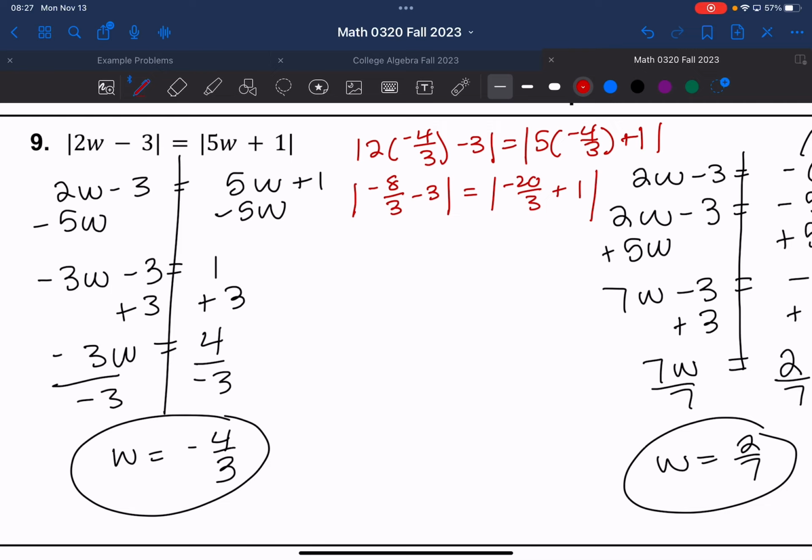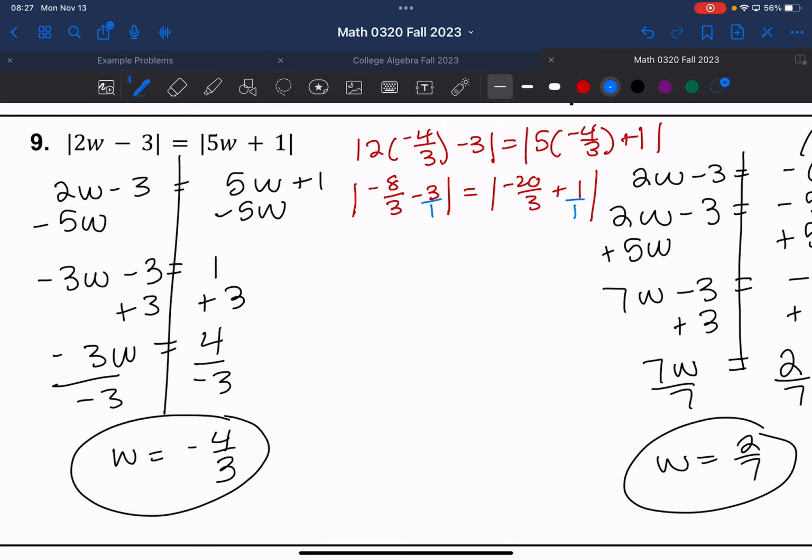Before I can combine these fractions, what am I going to have to do to that negative 3 and that positive 1? So first I'm going to put these over 1 because I want them as fractions. Now that they're fractions, I want common denominators.